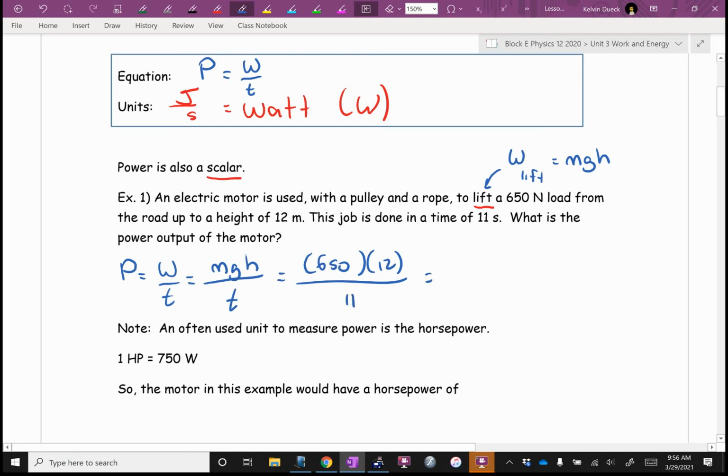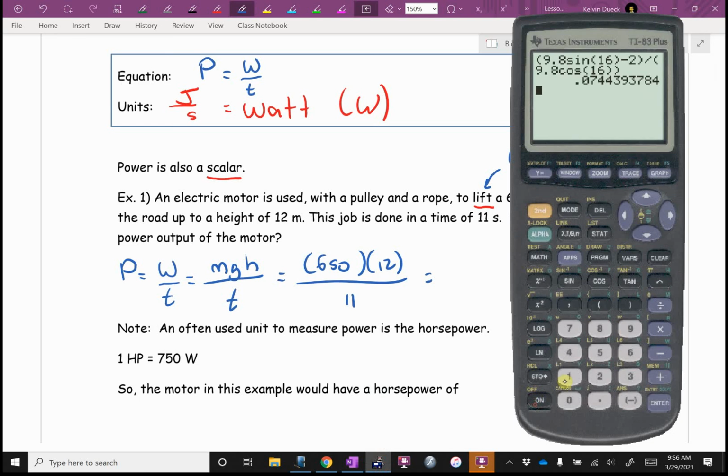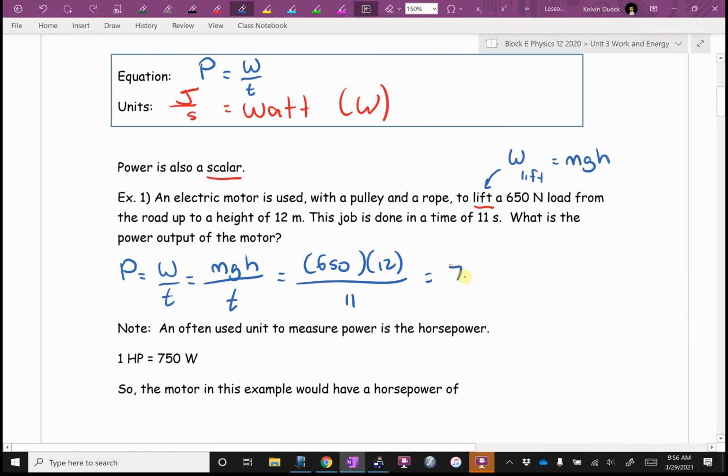What do you get? You get 709? 709. Power is measured in watts.